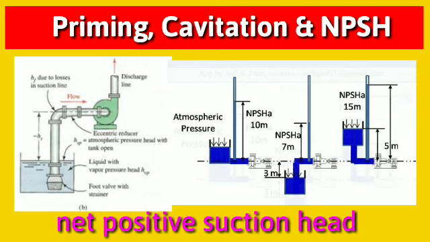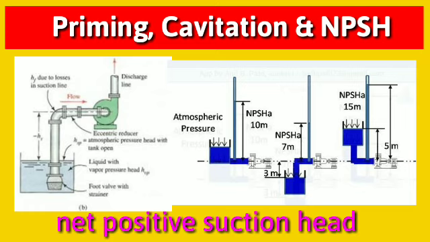Now coming to NPSH, net positive suction head. Suppose the pump is at the top and it wants to lift the liquid which is below it. So we need to create a negative pressure at the suction side to lift this liquid. If the liquid is only a little bit below the pump, then we need very little negative pressure. But if the liquid is far away, then we need more negative pressure to lift it.